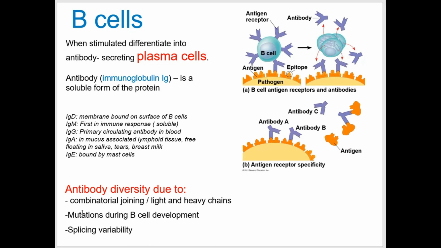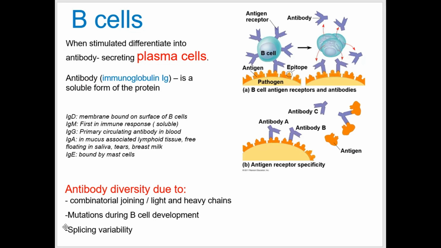And then when the cells are proliferating, when they are dividing, mistakes in the DNA replication can also happen. So you may have mutations, and then the genes are going to be slightly different. That's going to give rise to a different protein. So hence, you will have that slightly different shape in the antibody.